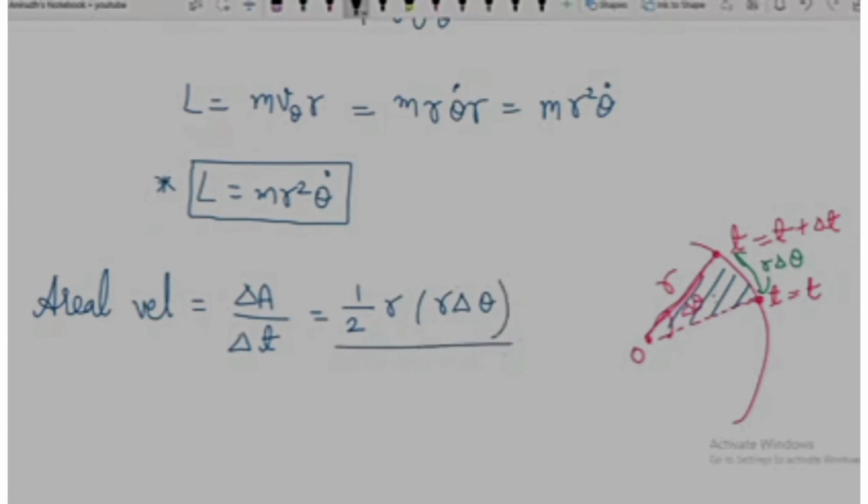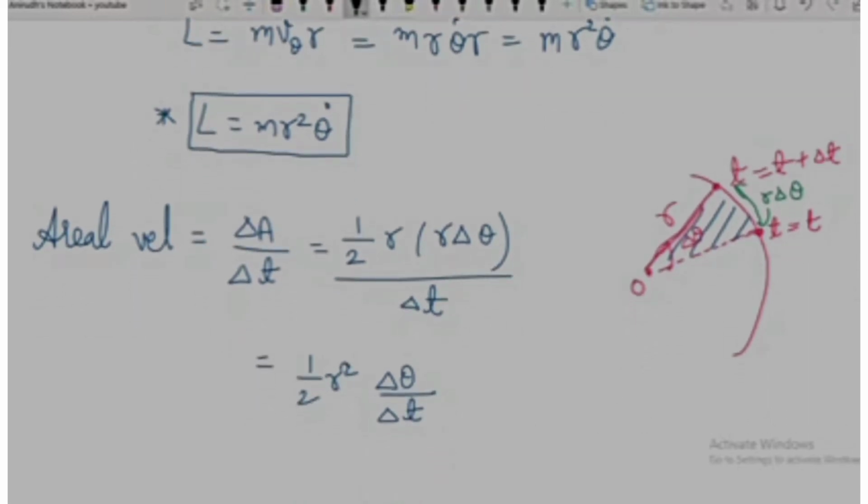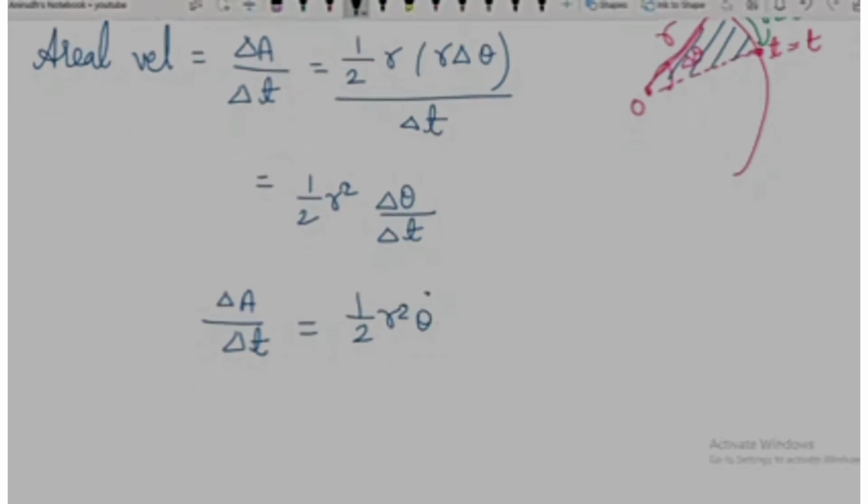This area of the triangle is considered for a small time, divided by delta t, that is equal to half r square delta theta by delta t. So delta A by delta t is equal to half r square theta dot, that is the areal velocity.